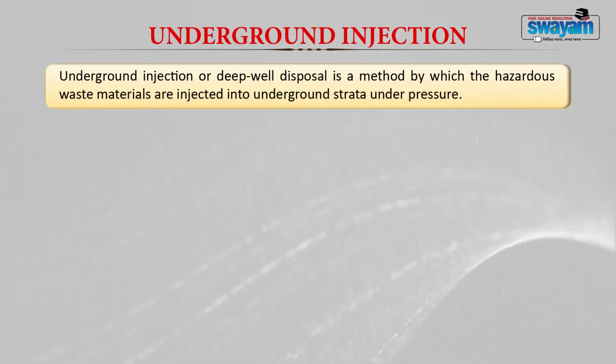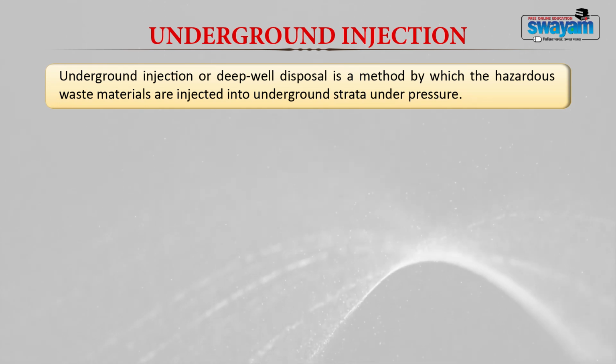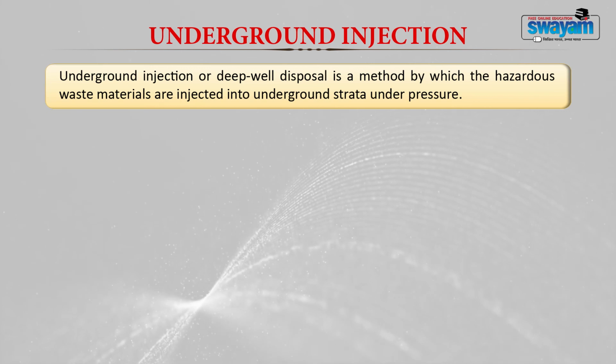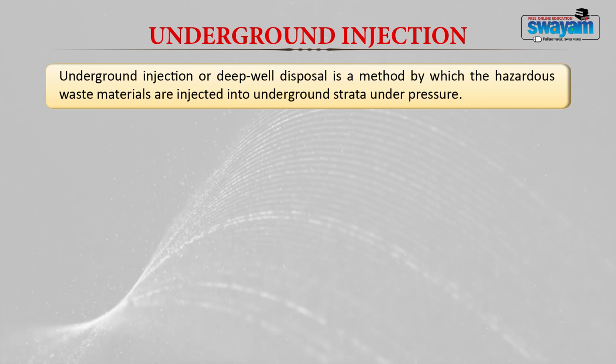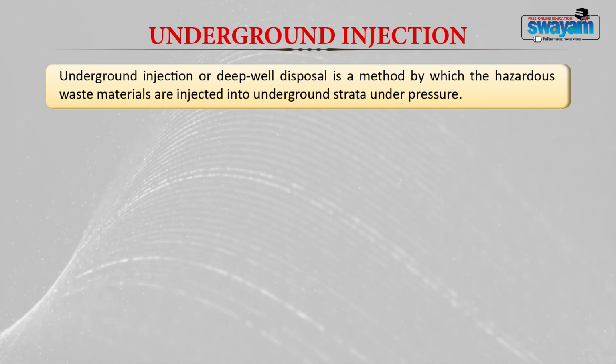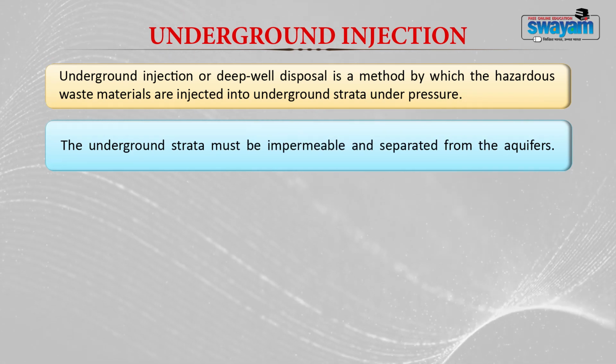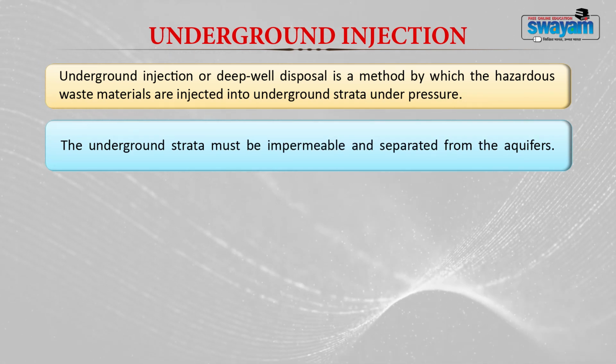The other alternate option is your underground injection. Now, underground injection or deep well injection is a deep well disposal option where the hazardous waste materials are injected into the underground strata under pressure. Now, the underground strata must be generally impermeable and separated from the aquifers.